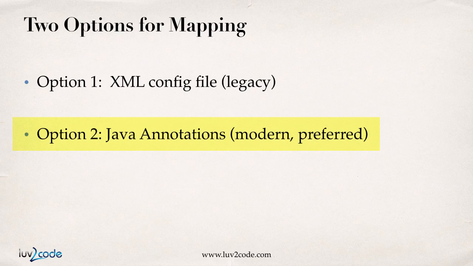So in this tutorial series, I'm only going to show you how to do option two, Java annotations. If you want information on the old school legacy approach, just go search the internet. There's plenty of old examples out there to show you how to do it the long way, but I'm going to show you the modern preferred way of using Java annotations.